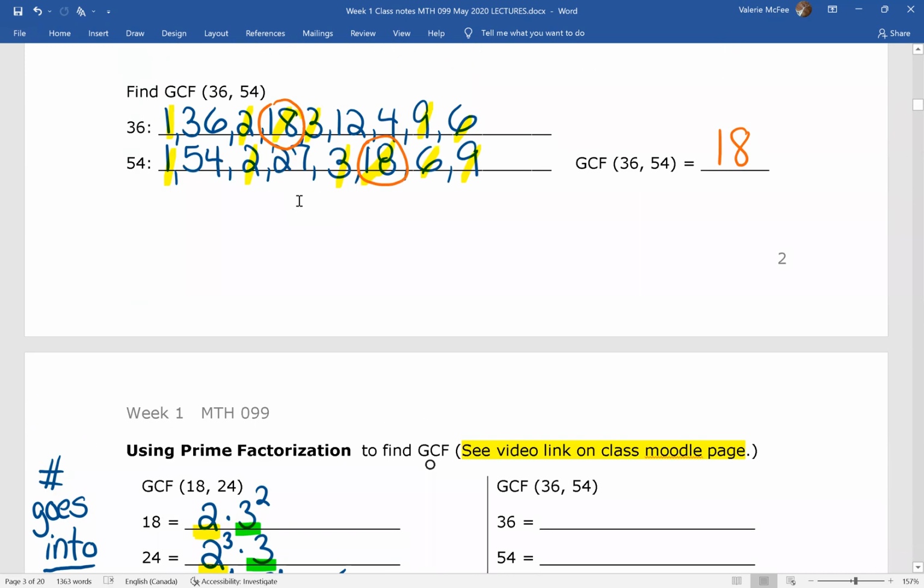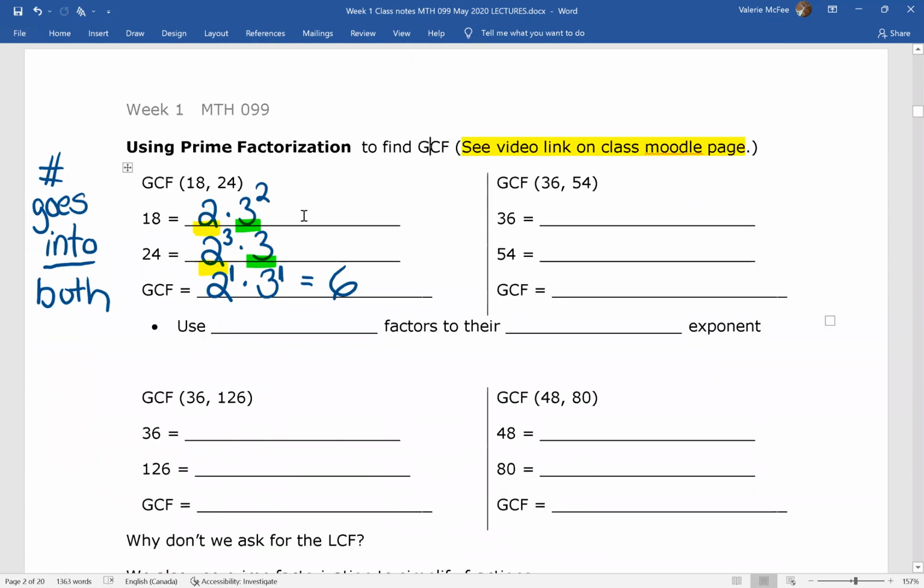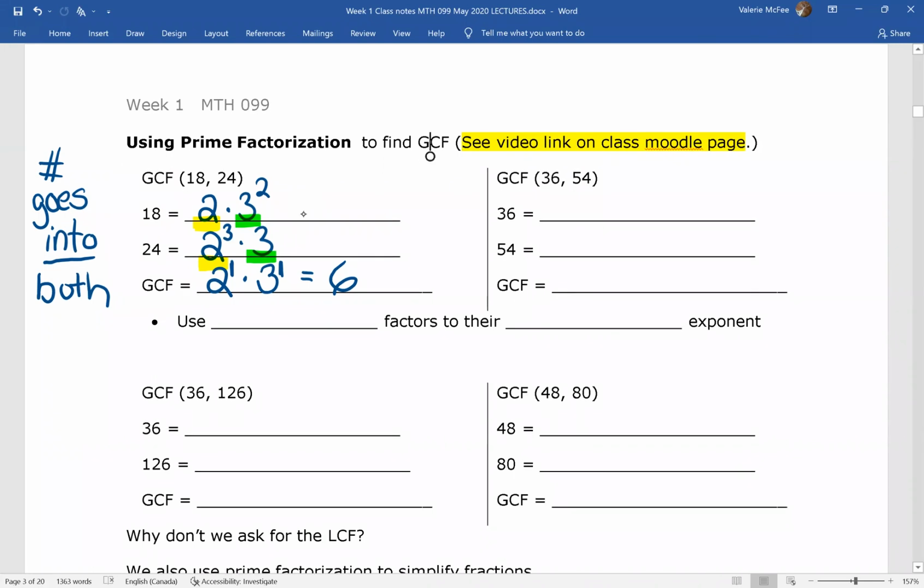Now we already found that over here when we were listing all of the factors. So let's look at 36 and 54 using their prime factorization. 36, 4 times 9, so that's 2 squared times 3 squared. 54 is 2 times 27, so 2 times 3 cubed. What do they both have in common?